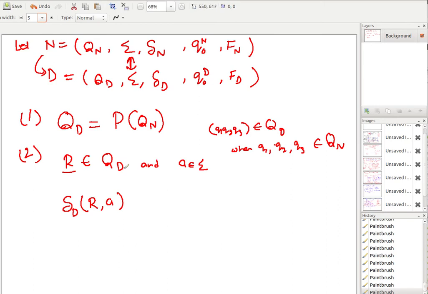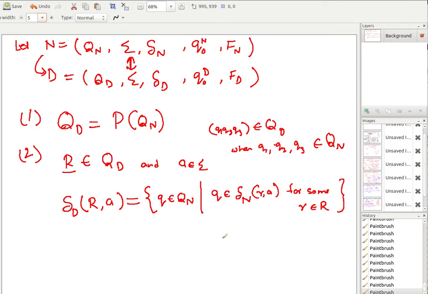So I have taken some state of the DFA and an input symbol, and this can be calculated as the set of Q part of Qn such that Q belongs to delta n of r, A, for some r belonging to R.